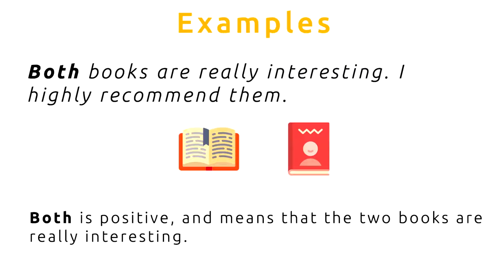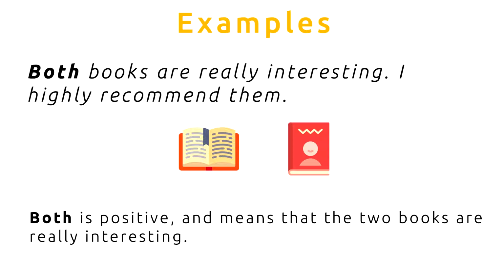Let's start with both. So going back to the example that we saw earlier, both books are really interesting. I highly recommend them. Both is positive and means that the 2 books are really interesting.